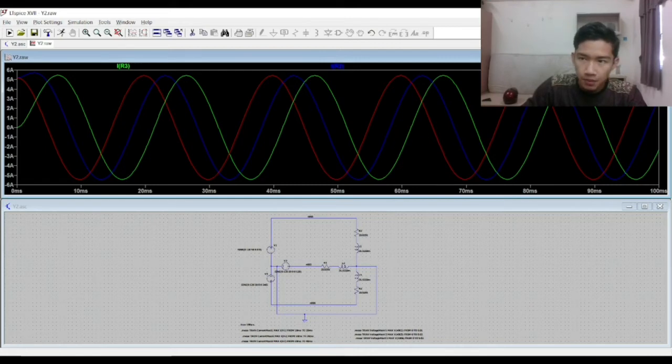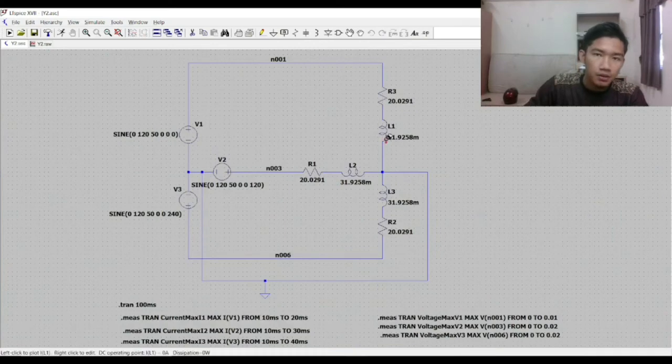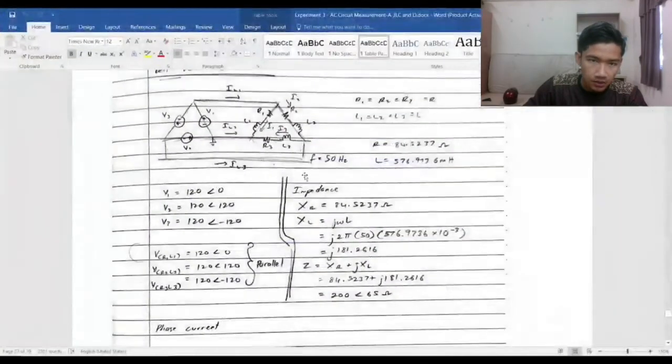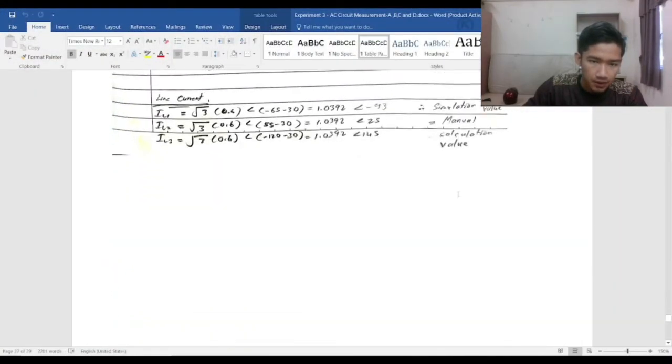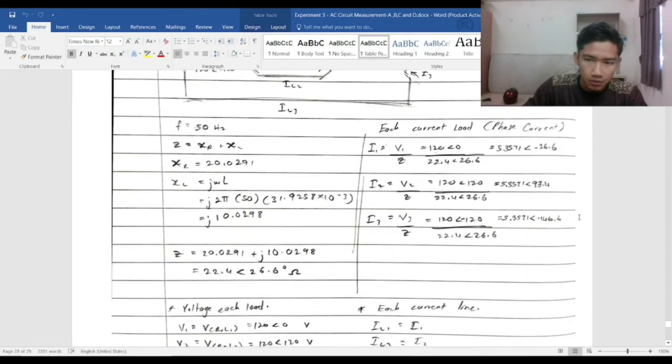So by having the same impedance value, the phase current will be the same. It is like 5.3 something, right? So I will go to the wire connection manual calculation and show the value.